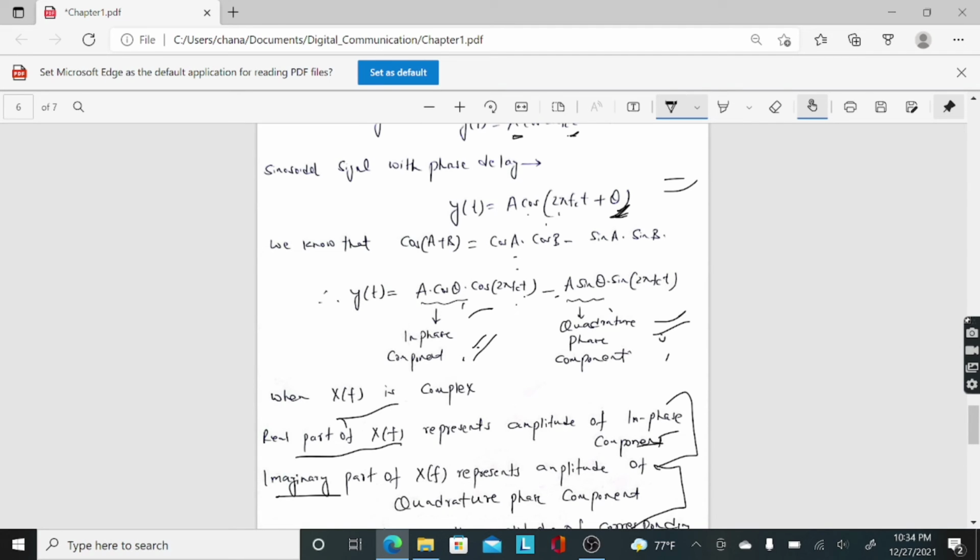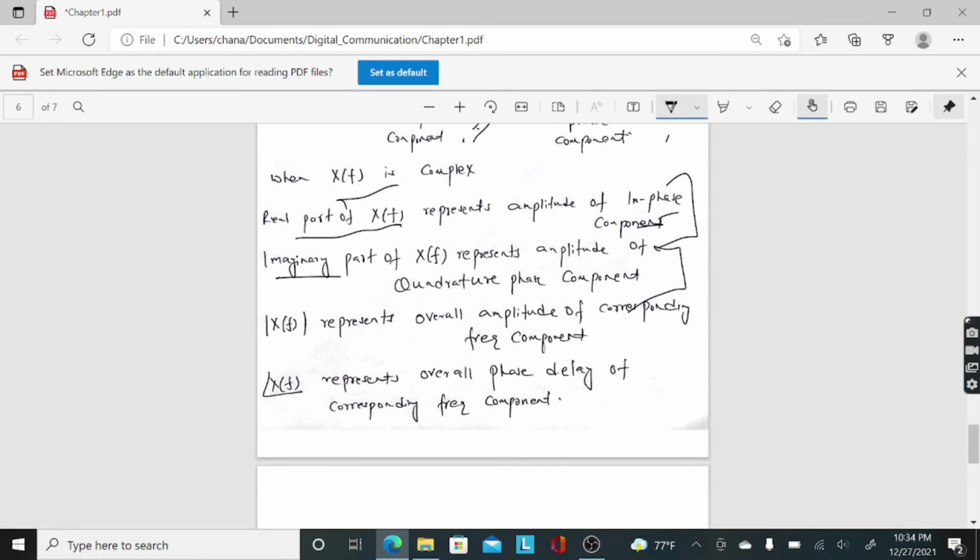So obviously if I divide these, I get tan θ, which is my overall phase shift. So that's why the argument is the overall phase delay of that frequency component when I combine both in phase and quadrature phase components, and |X(f)| is the overall amplitude of that frequency component combining both in phase and quadrature phase components.